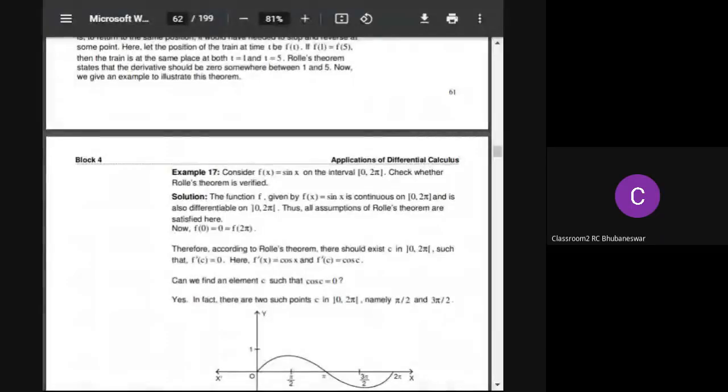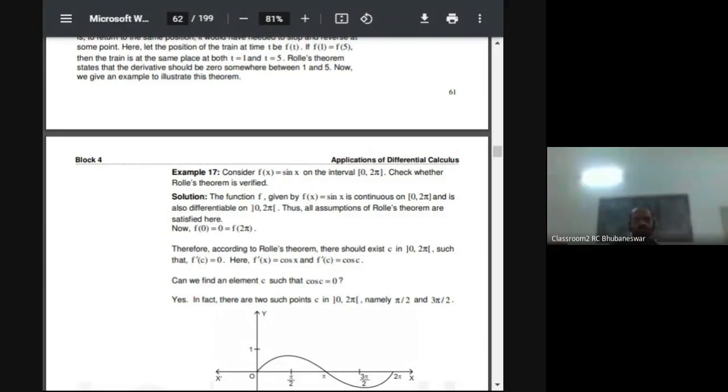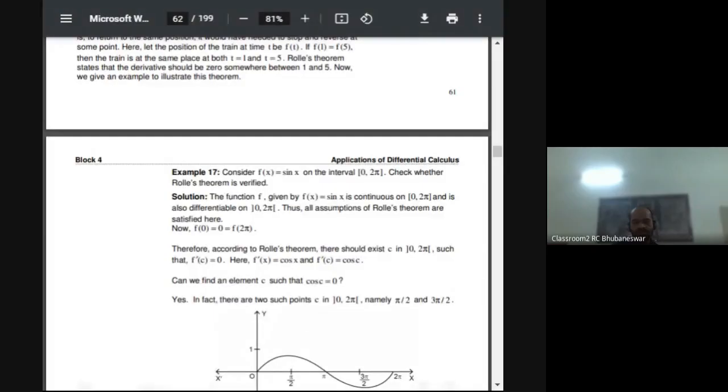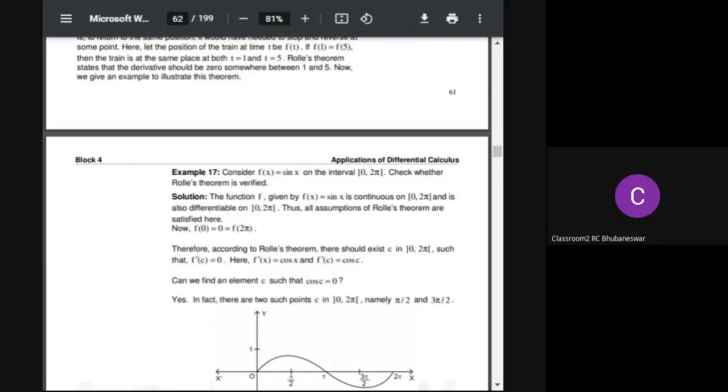So now, to draw a conclusion, we have to ensure that the point c lies in the interval 0 to 2 pi. So let us solve the equation.